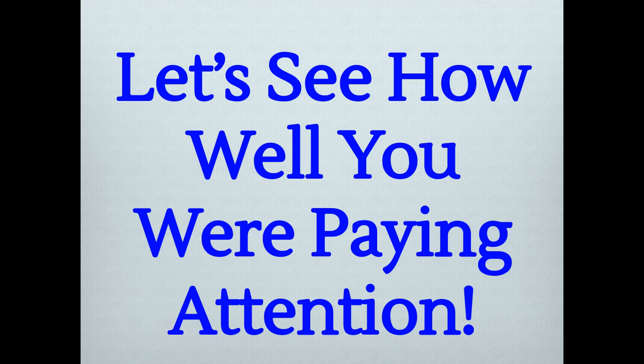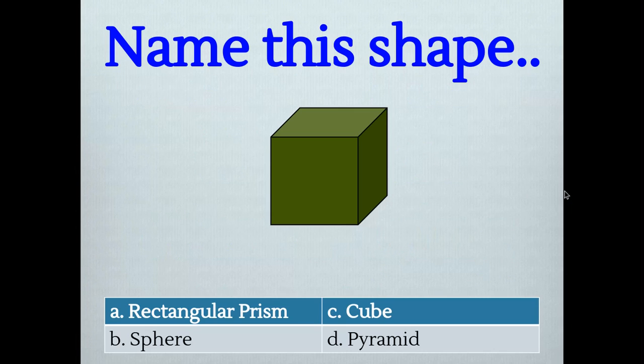Let's see how well you were paying attention. Name this shape. A, rectangular prism, B, sphere, C, cube, or D, pyramid. If you said C, cube, you're correct.